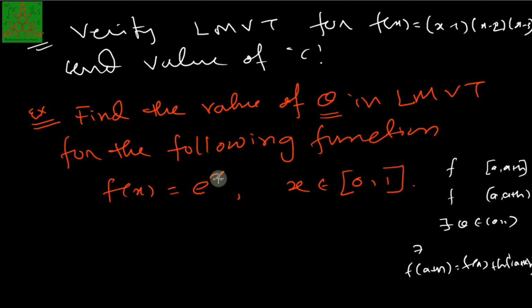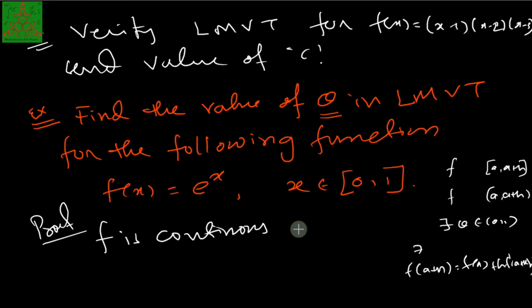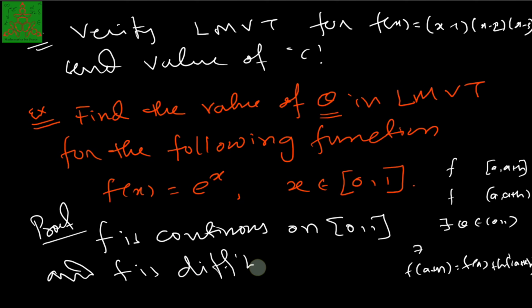So first one should note this f is continuous over this interval and f is also differentiable on this interval. So we should write that f is continuous because it is an exponential function, and we know that exponential functions are continuous, and f is differentiable on open interval 0, 1.